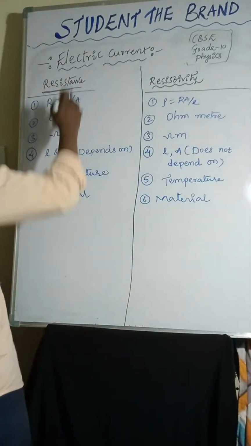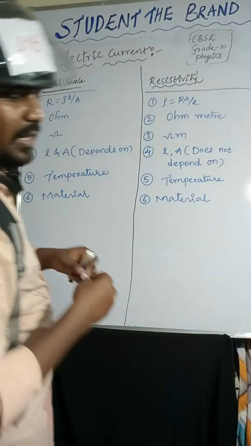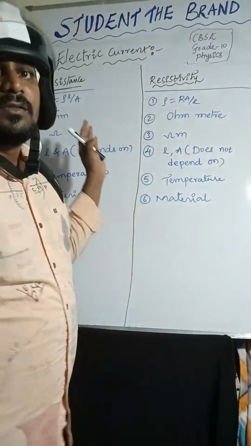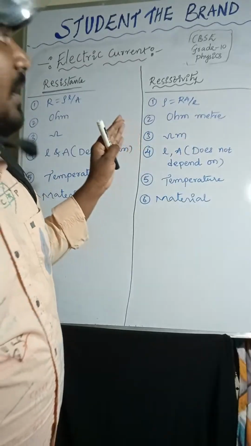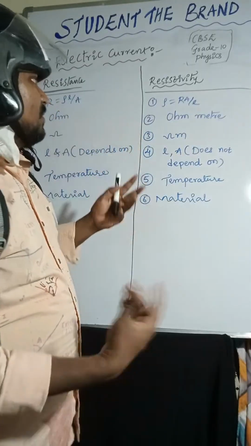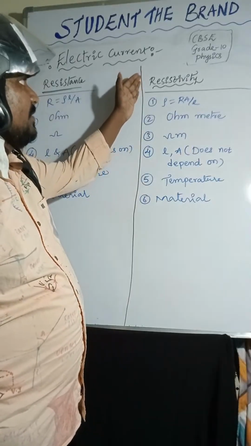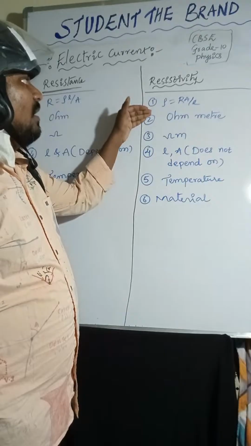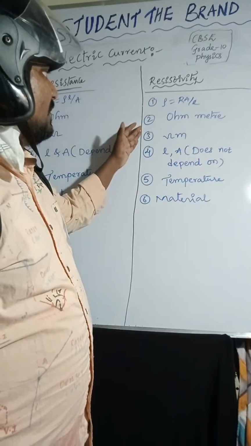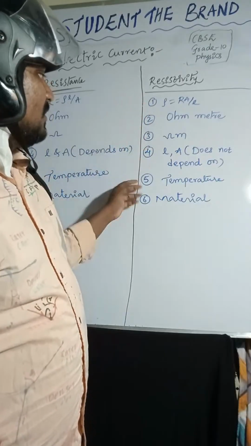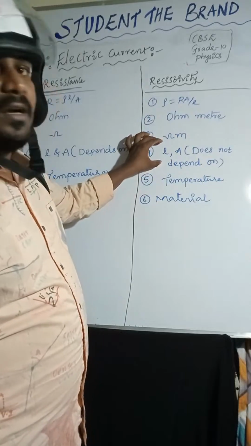So resistance depends on these factors. This is the formula. Very, very important, many questions will come on this. Factors related to resistivity: formula, SI unit, symbol, and factors, depending and not depending.